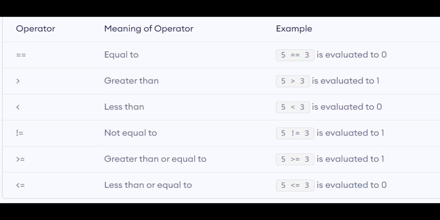Then we've got greater than or equal to: 5 is greater than or equal to 3, that's true, so you get 1. Less than or equal to, it's false, so you get false. Relational operators check the relation between the two operands given to them, and this is how they perform their operations.